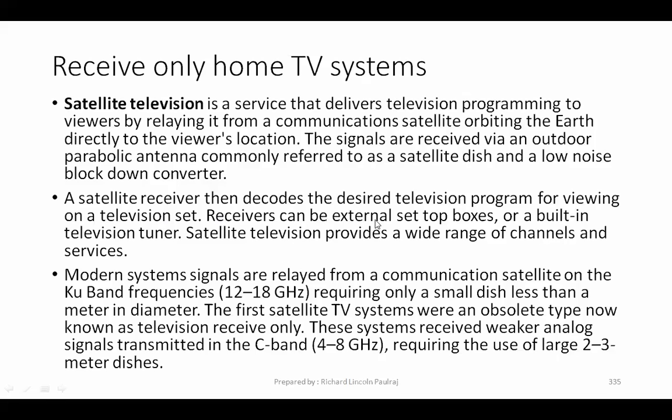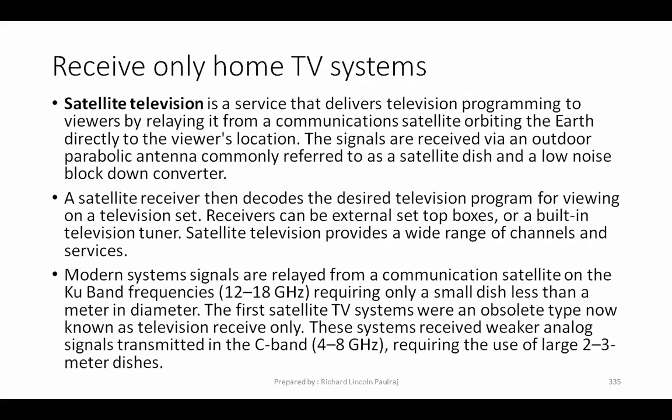Receivers can be external set-top boxes or built-in television tuners. So initially we used to have televisions having tuner cards, and also separately we used to combine it with the television called tuner kit. Because of which this used to enhance the signal, and the clarity used to be much better.